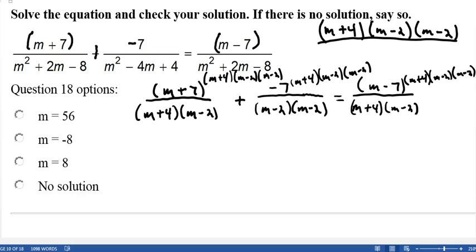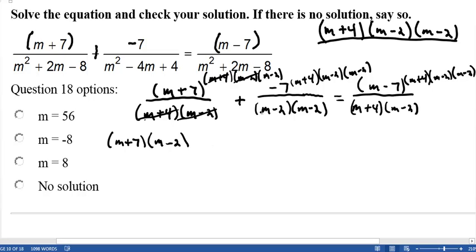So for the first term, the m plus 4 and the m plus 4 reduce. One factor of m minus 2 reduces, and so that leaves me an (m + 7) times the remaining factor of (m − 2).